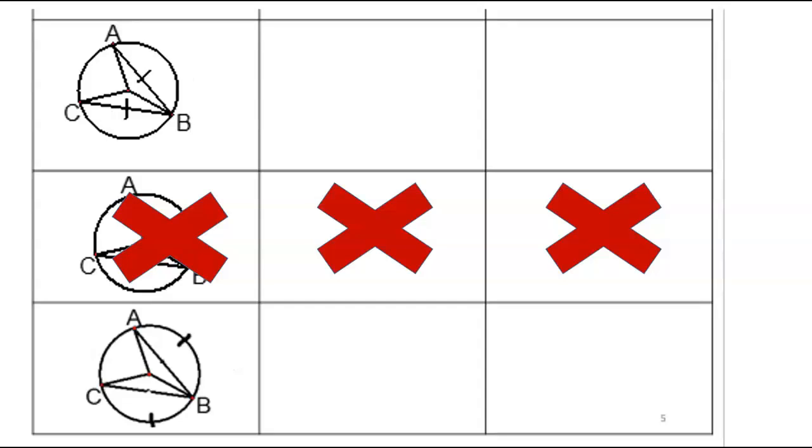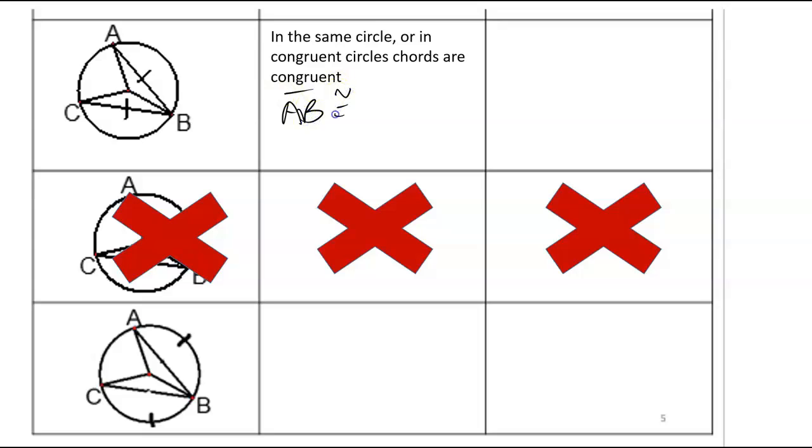All right, for this next set, I accidentally put the same picture in twice, so please cross that out if you haven't already crossed that out. What I notice in this picture is that in the same circle or in congruent circles, the chords are congruent. So AB is congruent to CB.